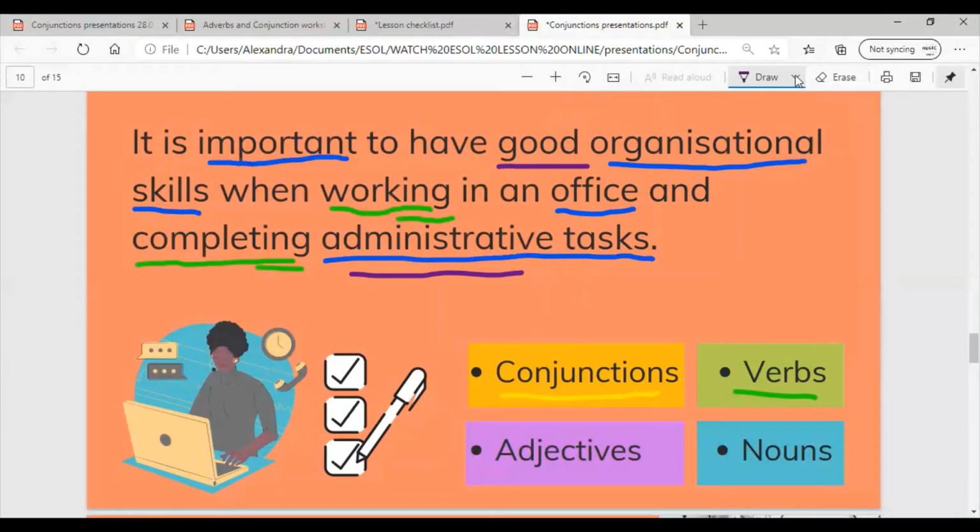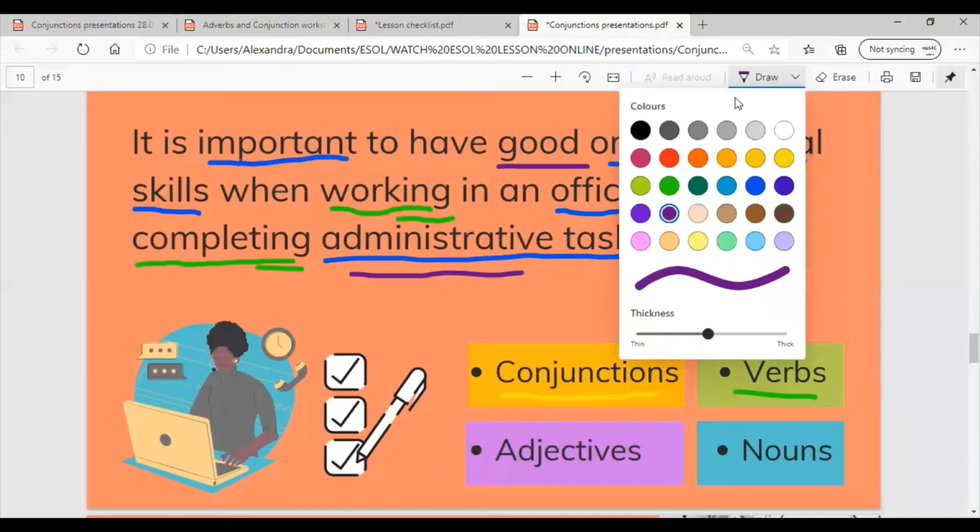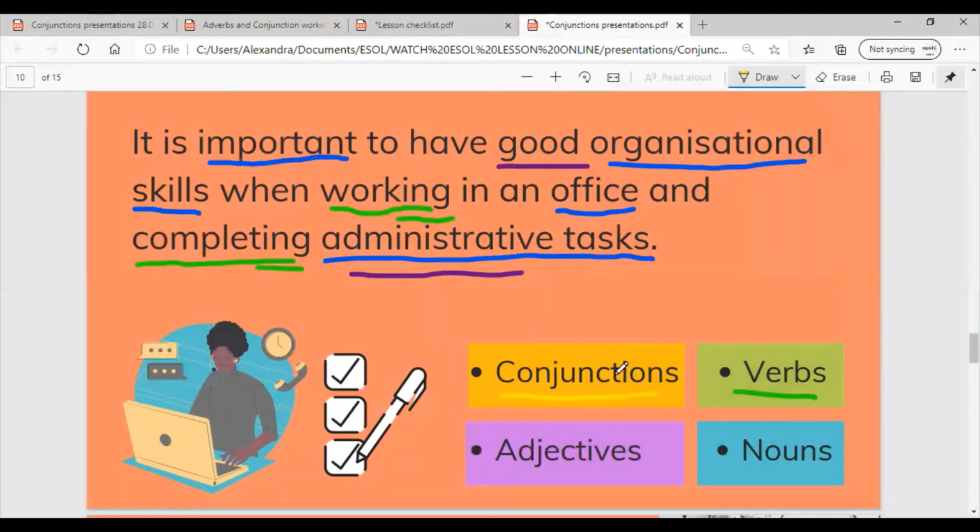Okay. If you want to know more about adjectives, do go back and watch the adjective video where we explain those in a little bit more depth. But now we're going to quickly jump back to the conjunctions. Without the conjunctions in the sentence, we just have important, have good organisational skills when working in an office and completing administrative tasks. So our conjunctions are our connective words.